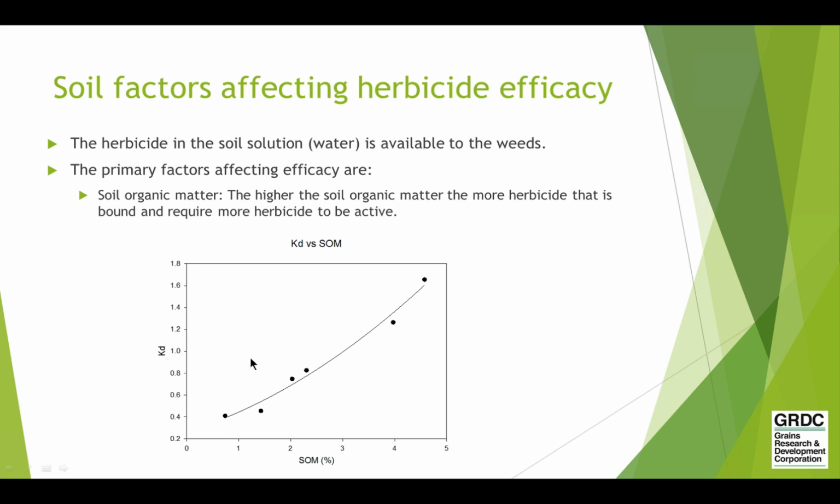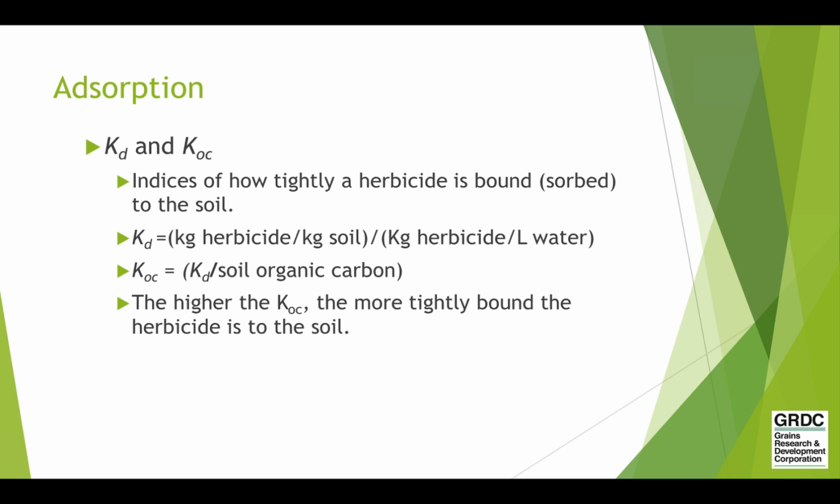This bottom slide shows the relationship between binding, which is designated here as KD, and I'll define that shortly, and the soil organic matter. This is a slide that I created looking at metolachlor, dimethenamid, and pyroxasulfone, and all three of them show a similar trend: as the soil organic matter increases, their binding increases. The same thing is true for trifluralin and prosulfocarb, although at a much higher magnitude than what I'm showing in this particular slide.